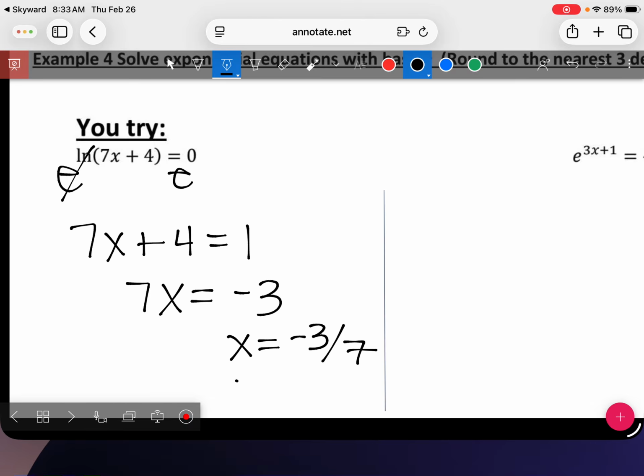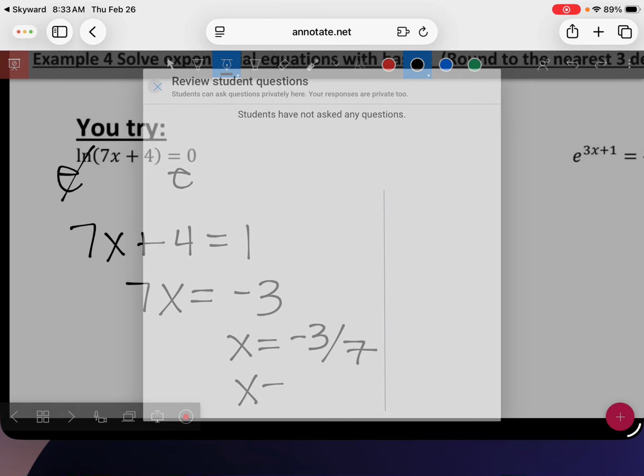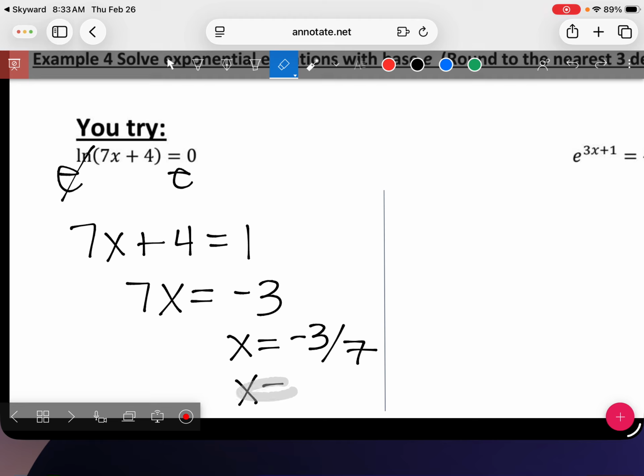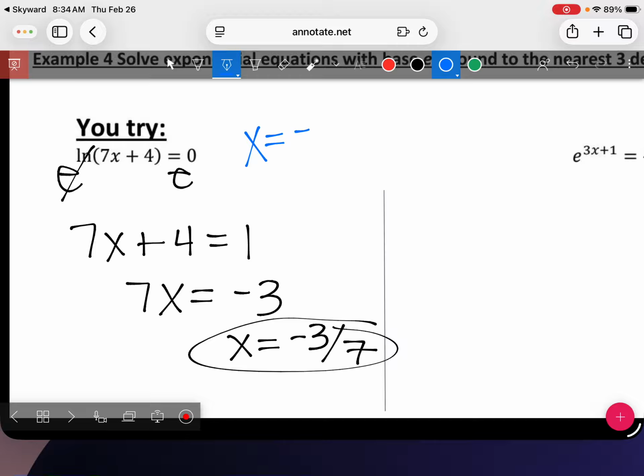And got 0.4, oh, sorry. Let me write it. I'm gonna write it up here. X equals negative 0.429. Sorry for my raggedy pen.